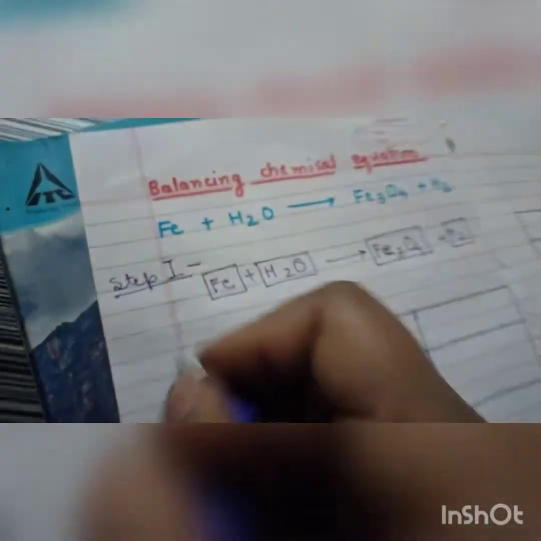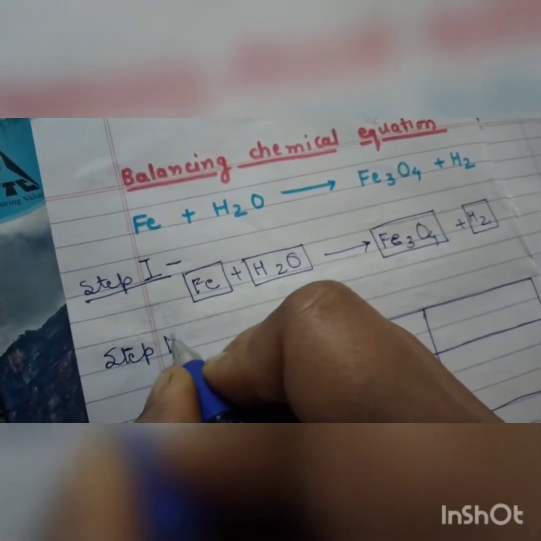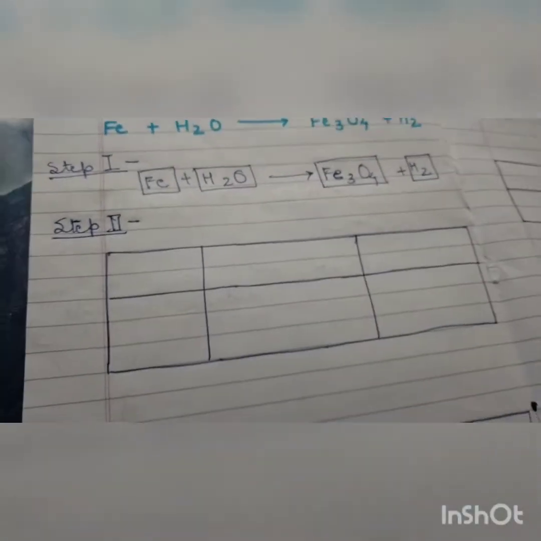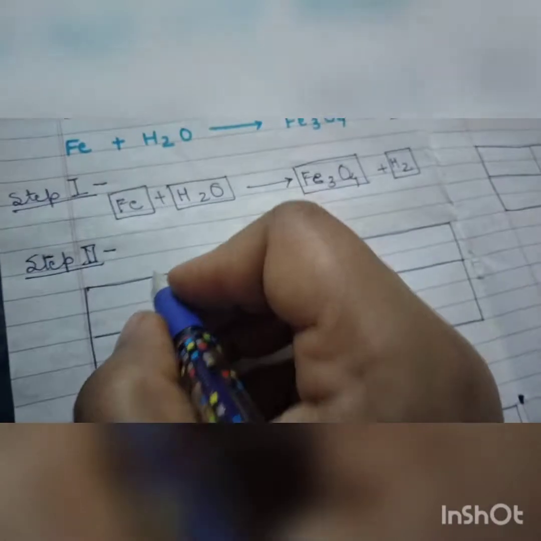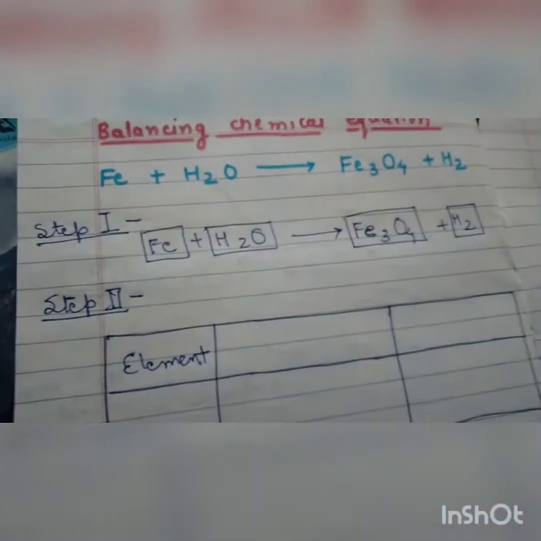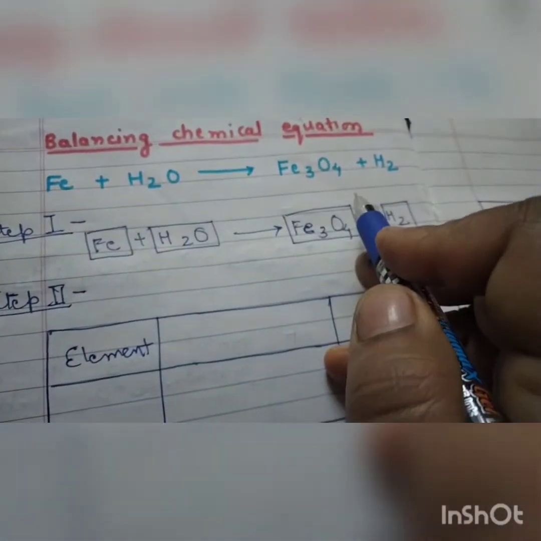Now in step 2 we have to make one column. See, in this way we will make one column. In first column we will write element. We will write the number of atoms of different element in reactant and product side.